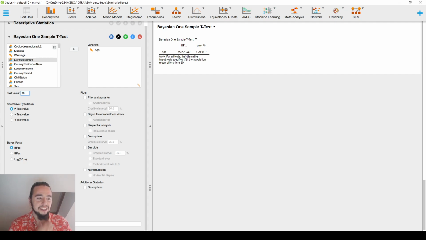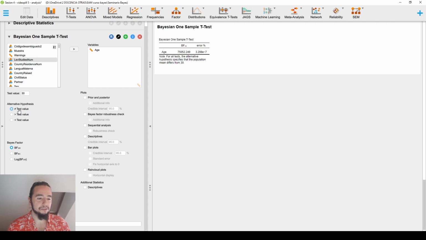So the evidence suggests strongly that it's not 30. If we change it to greater than 30, it's also supporting H1. And if we put it as less than 30, we have super strong support against this hypothesis.